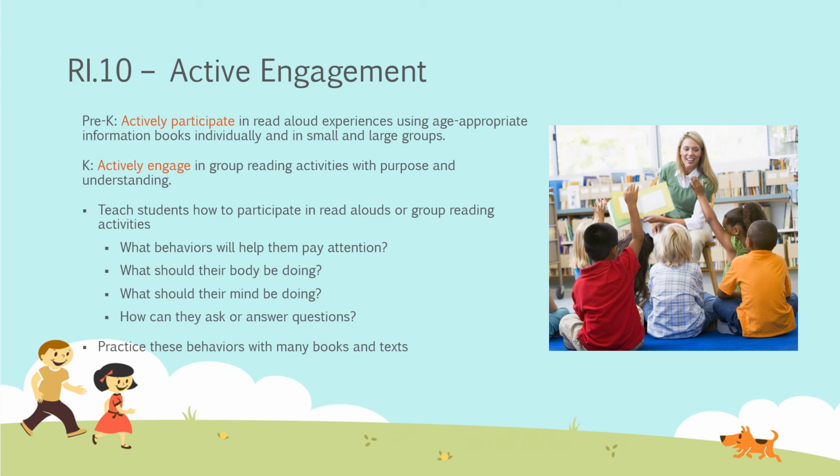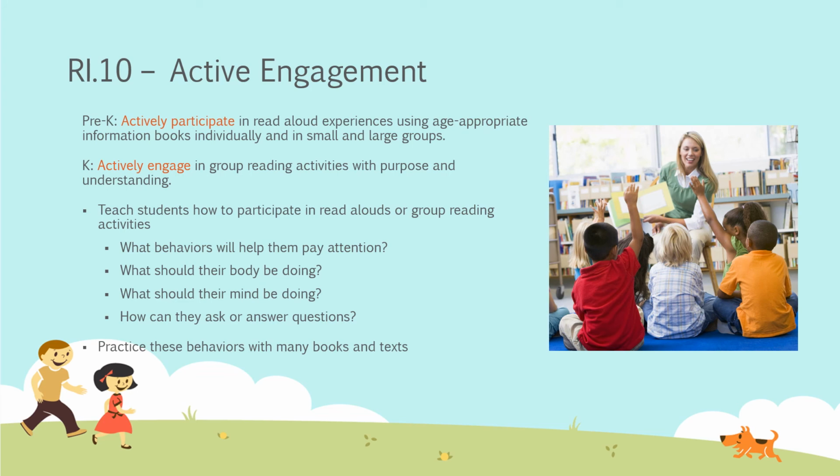Finally, RI.10 is about active engagement during read-alouds. In pre-K, the standard says actively participate in read-aloud experiences using age-appropriate information books individually and in small and large groups. And in kindergarten, it says actively engage in group reading activities with purpose and understanding.